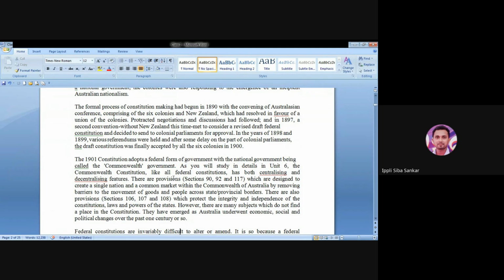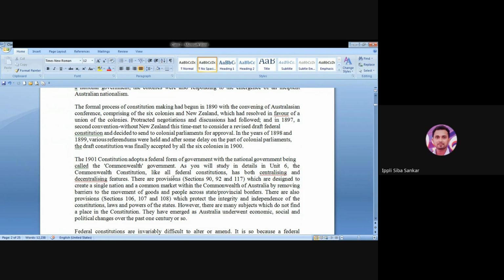Protracted negotiation and discussion had followed, and in 1897 a second convention, without New Zealand this time, was made to consider a revised draft federal constitution and decide to send it to the colonial parliaments for approval. In 1898 and 1899, various referendums were held, and after some delay on the part of colonial parliaments, the draft constitution was finally accepted by all 6 colonies in 1900.